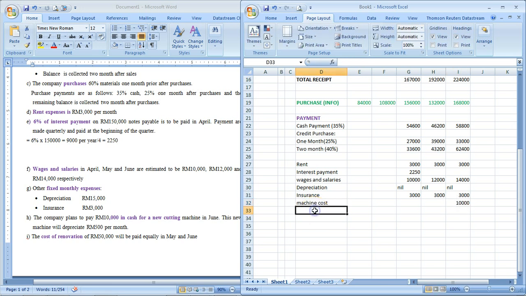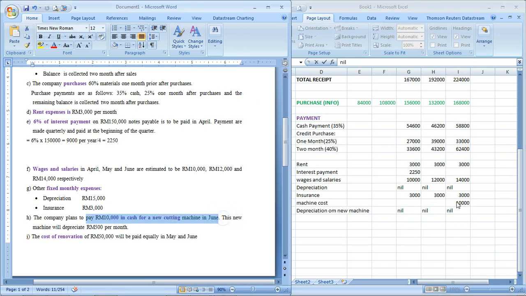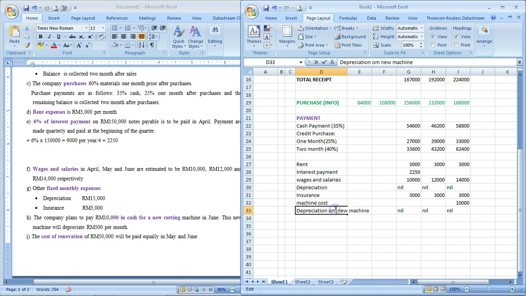How about depreciation on the new machine? If you want to, you can show it, but it is nil again. Why? It cannot be included in the cash budget.